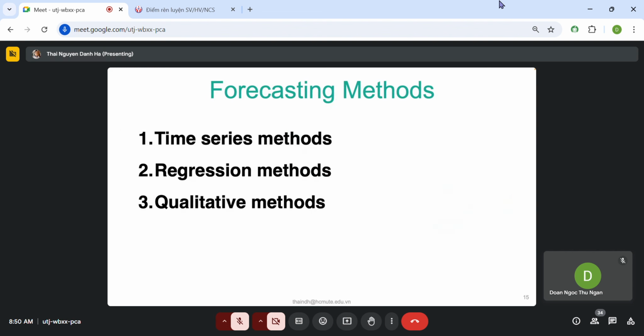So how many methods do we use for our class here? The first approach is the time series method. The next one is regression, and finally some qualitative methods. The qualitative method, like I explained before, is just based on the role of the manager, so don't focus more on the qualitative, just focus on time series and regression.